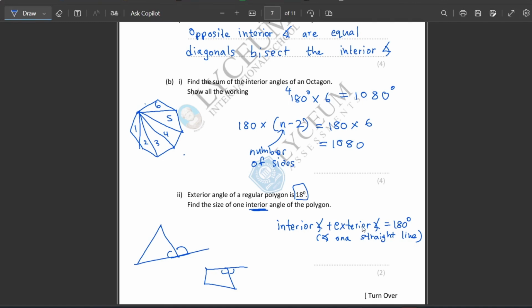Then we know the exterior angle. We have to subtract. So the interior angle value is 162.